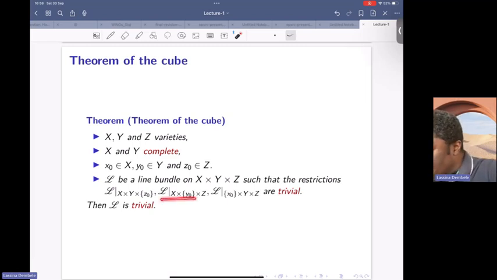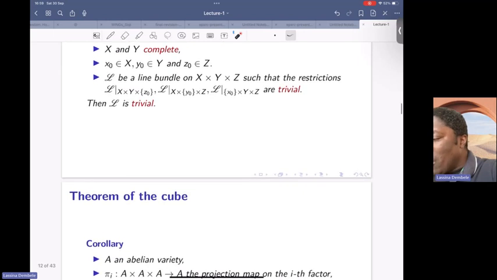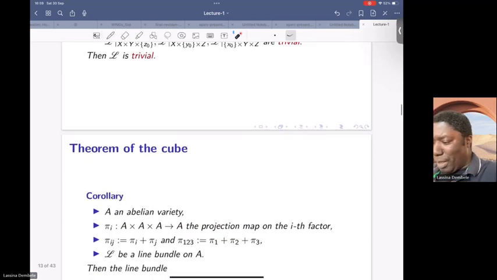Same way for the restriction of L to X cross y naught cross z naught, and the restriction of L to x naught cross Y cross Z. So if you assume that these three restrictions are trivial, then the theorem of the cube says that the line bundle that you start with has to be trivial. So again, this is a consequence of the theorem of the cube.